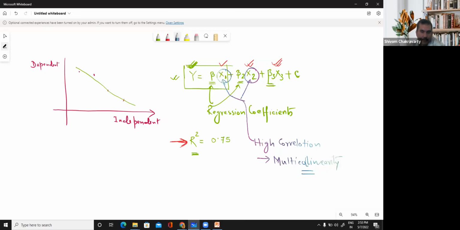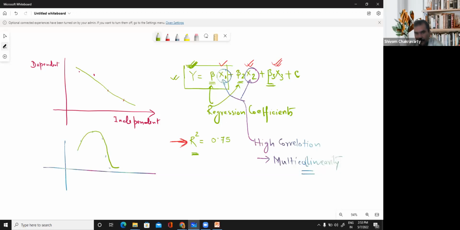Then what we discussed, what we developed an equation for, is linear regression. But sometimes when the data is suppose like this, so we can see there is some pattern. There is some pattern like this. But if we calculate the linear regression, it will give a very low R square.